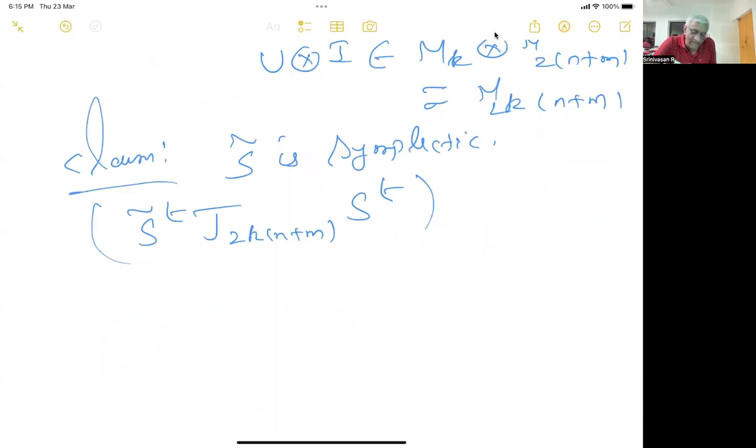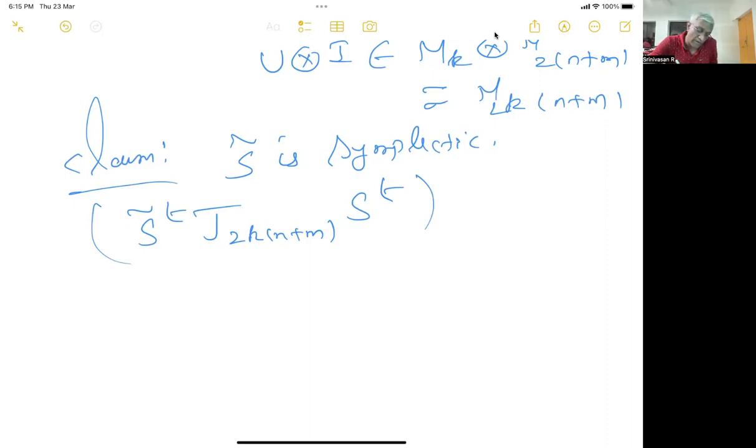We will consider blockwise multiplication because the blocks of S tilde are just scalars, and J is block diagonal with blocks J_{2(n+m)}. It's not diagonal, it's block diagonal.